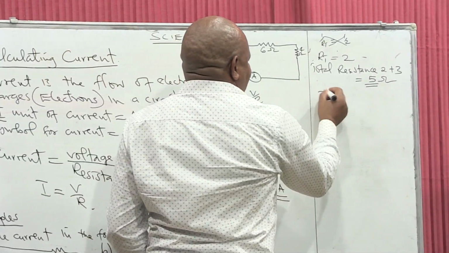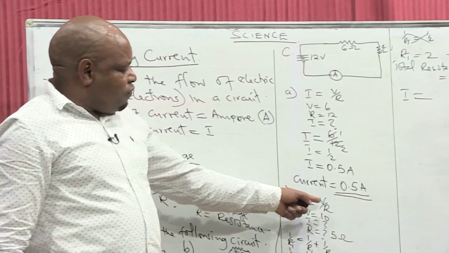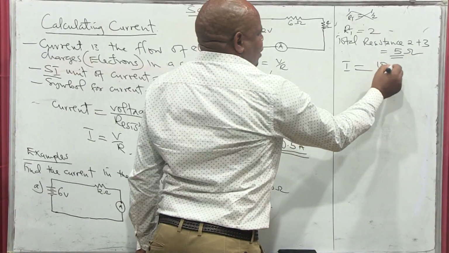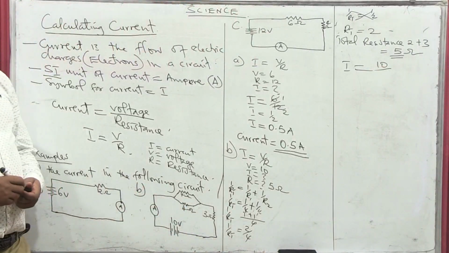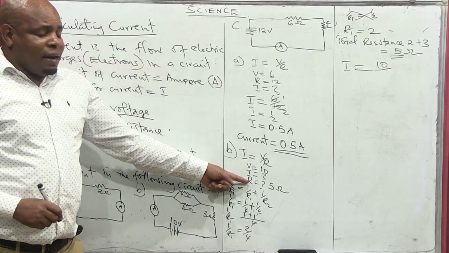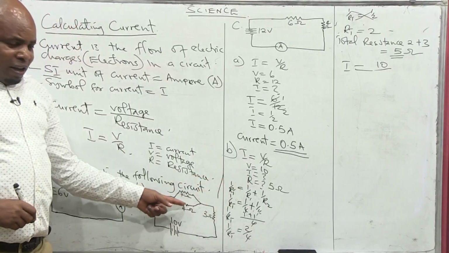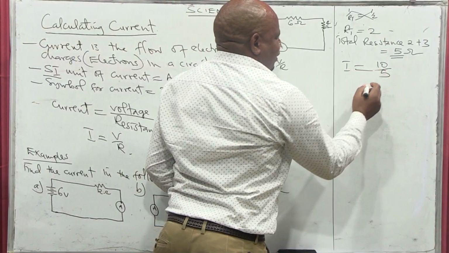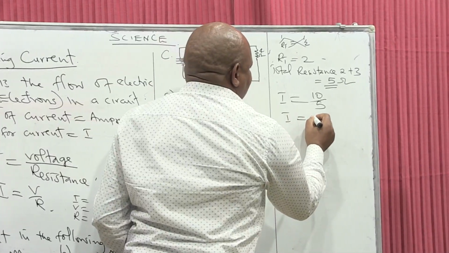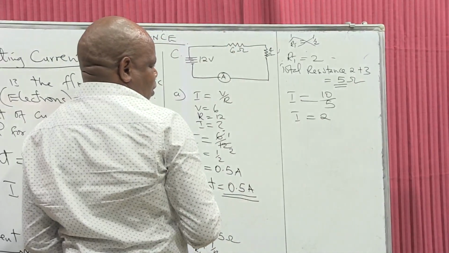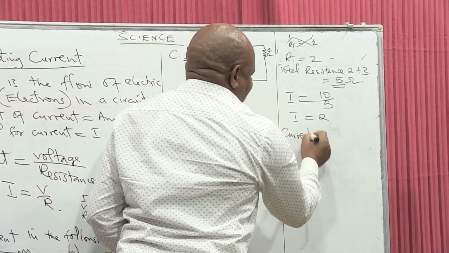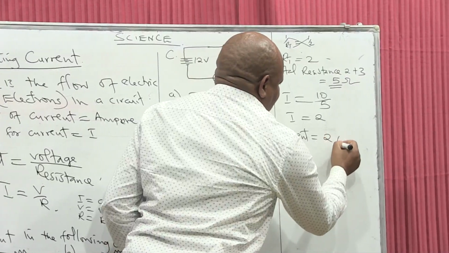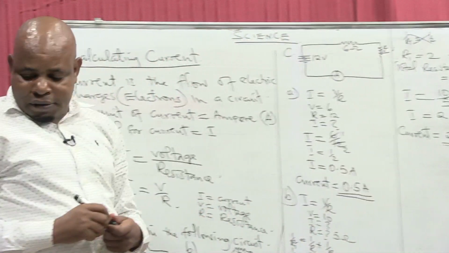I is equal to the value of V, which has been given in the diagram as 10, divided by the value of R, which we have calculated in the figure, and it is 5. You divide by 5 here, you will get I is equal to 2. So the current in figure B is 2A, 2 amperes.